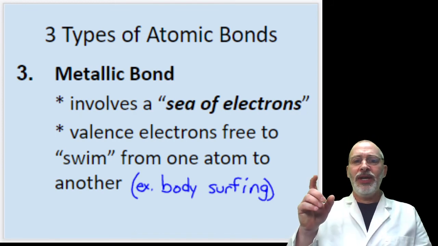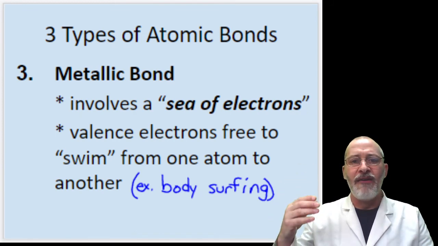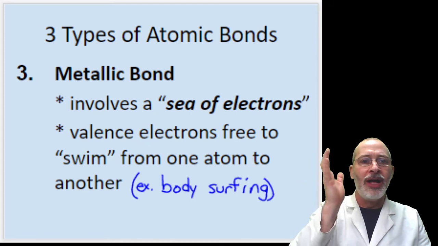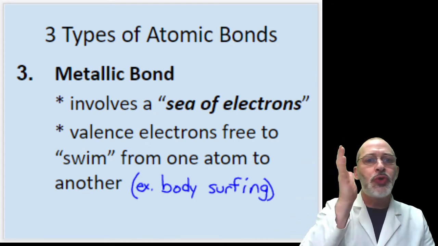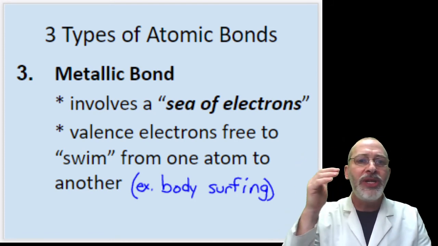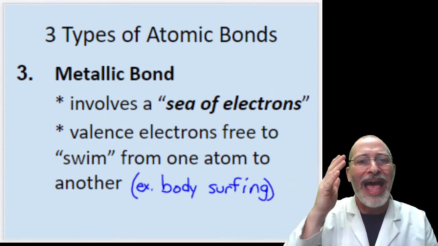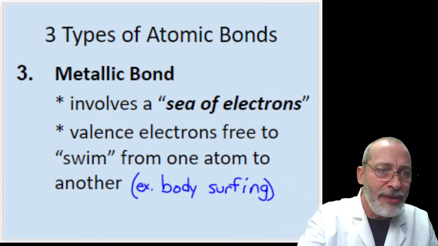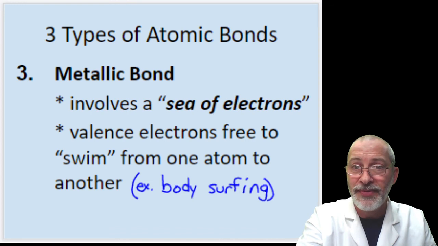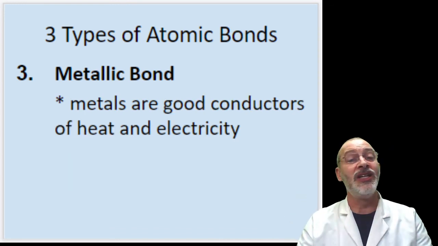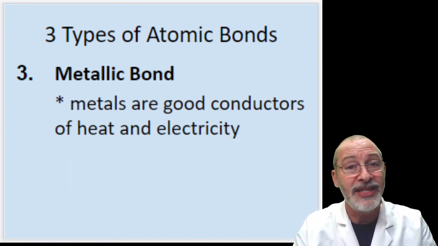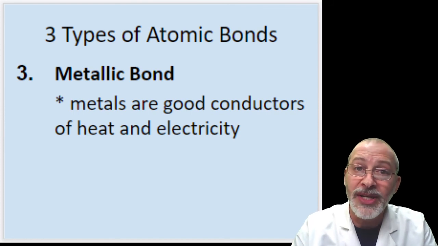Now, this idea of valence electrons being free to swim back and forth between different metallic atoms enables metals to be excellent conductors of both heat and electricity.